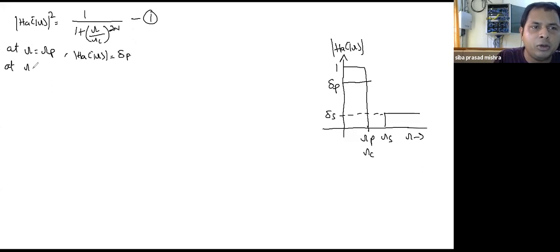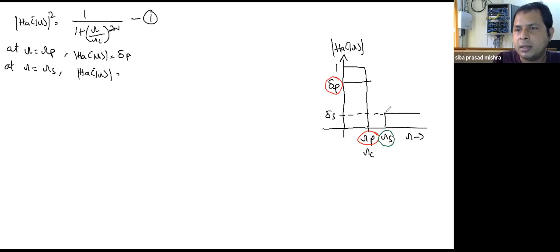Similarly, at omega equals omega s, just see the figure, the magnitude is del s. Now put this condition in equation 1.